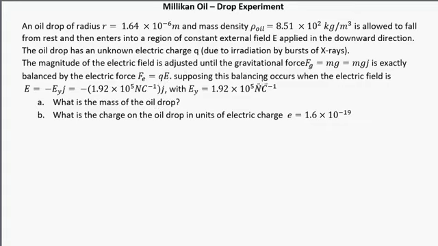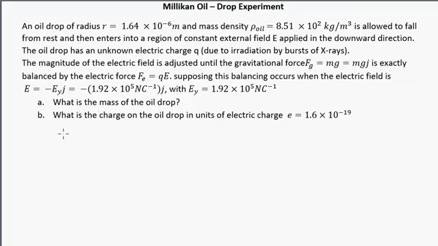Okay, supposing the balancing occurs when the electric field is E equal to minus Ey j, and also equal to minus 1.92 times 10 to the power of 5 newtons per coulomb j. Alright, so let's just move to the question. They said, what is the mass of the oil drop?